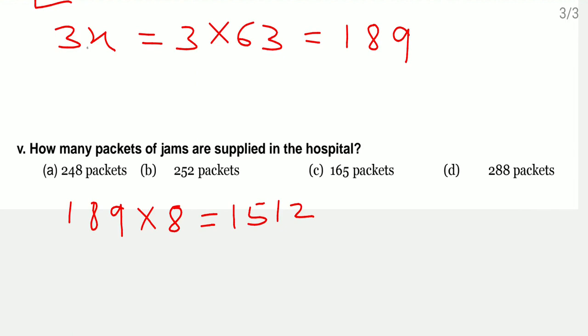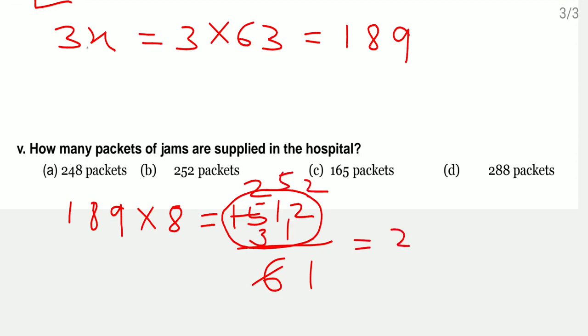So how many packets of jam are we supplying? We'll divide this number by 6. 6 ones are 6, 6 twos are 12, 6 fives are 30, 6 twos are 12. So it is 252. So 252 packets of jam we are going to provide to the hospital, right? So option B is the correct one. Correct?